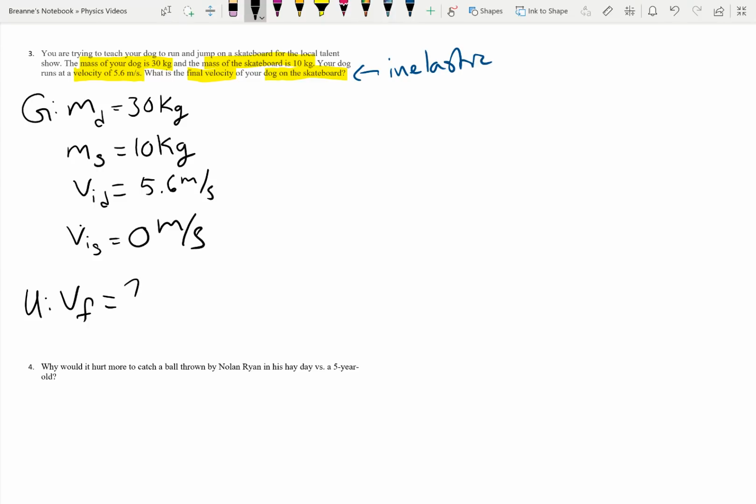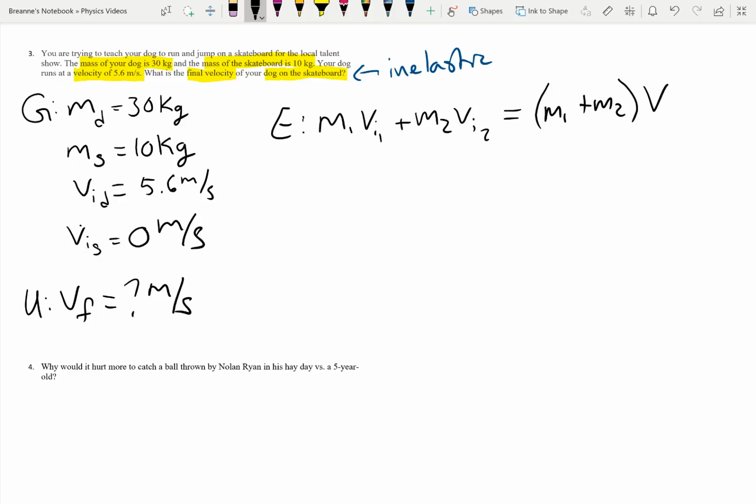So you're looking for your final velocity, which would be in meters per second. So the equation that you're going to end up using would be m1 times vi1 plus m2 times vi2 equals m1 plus m2 times v final.